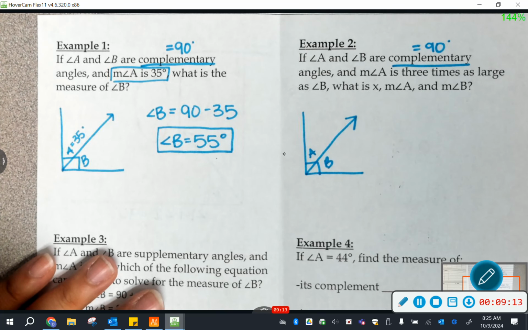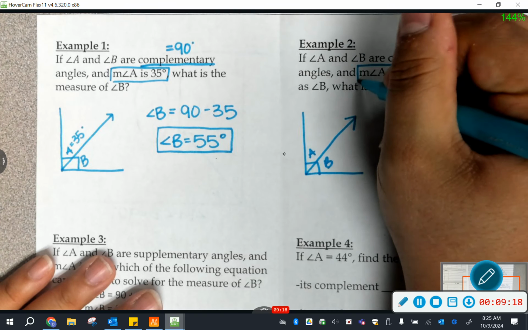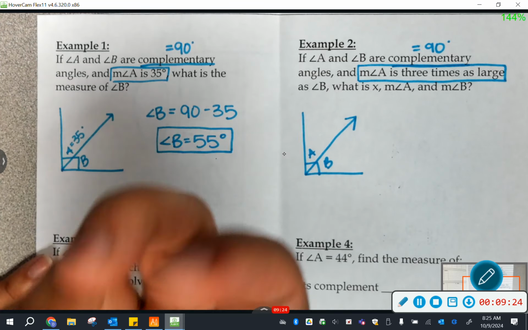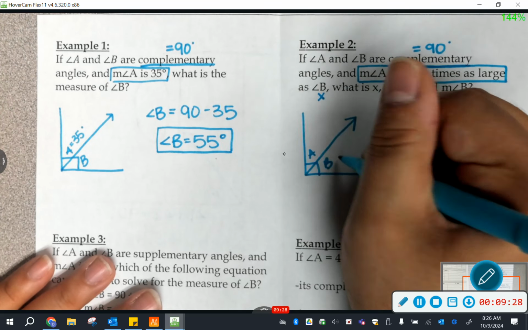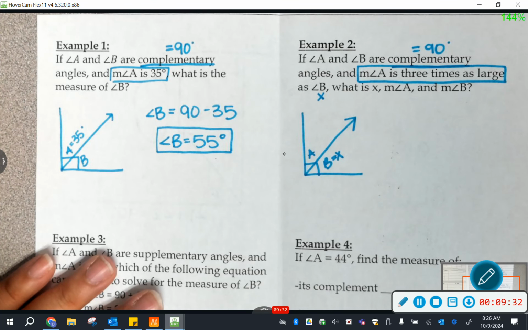A is 3 times as large as B. How would I write that? Do I know what B is? No, so what can I call B? I'm going to call B x.